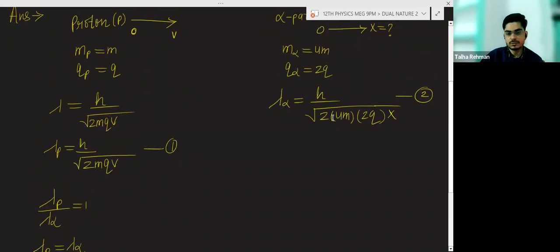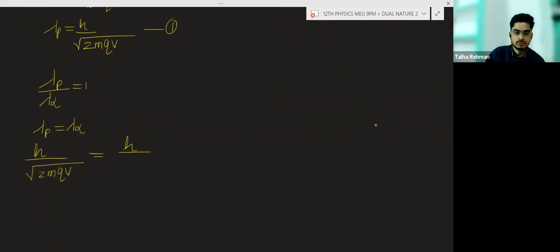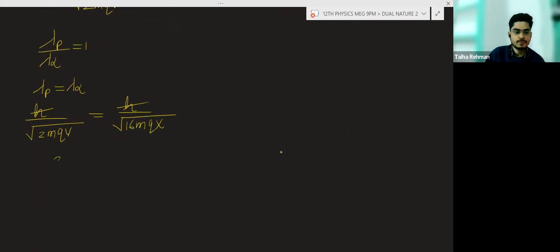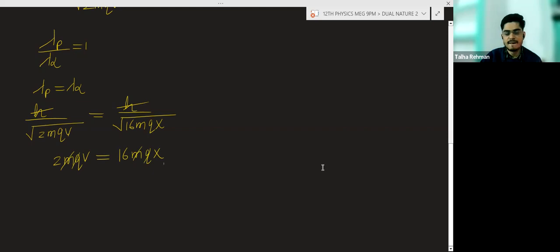Lambda alpha is h upon under root 16 mqx. Now h and h will be cancelled out, under root and under root will be removed. So you will have 2mqv equal to 16mqx. Now mq will be cancelled out. What is the value of x? 2 by 16, 1 by 8.